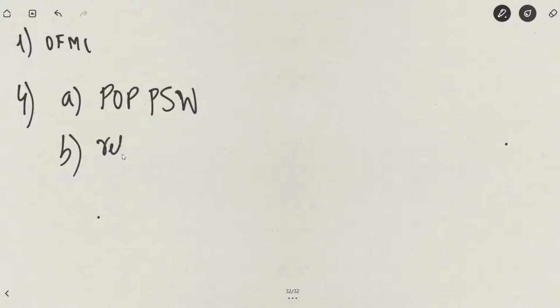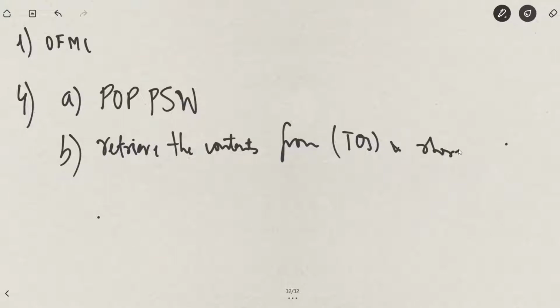So for instruction number 4, as already discussed, it will be similar to pop RP except for the name, pop PSW. It will retrieve the contents from the top of stack and store them in the PSW register pair.